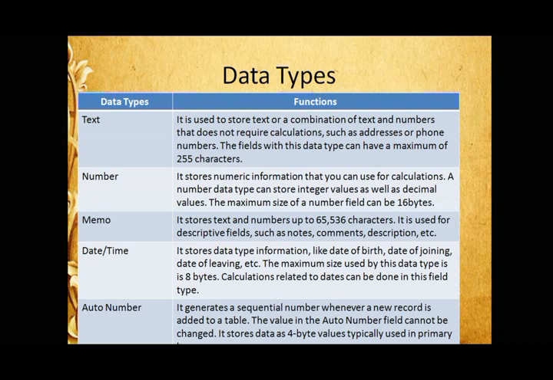Characters means, like, A is considered one character, at the rate is considered another character. So let's revise once again. In text we can use 255 characters, in numbers we can use 16 bytes, and in memo we can use 65,536 characters.